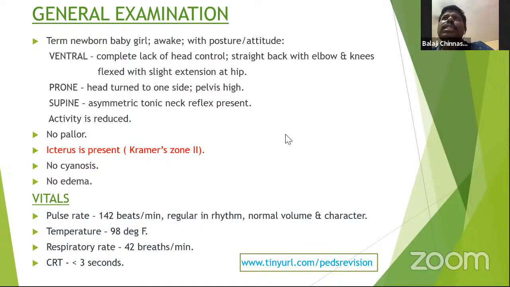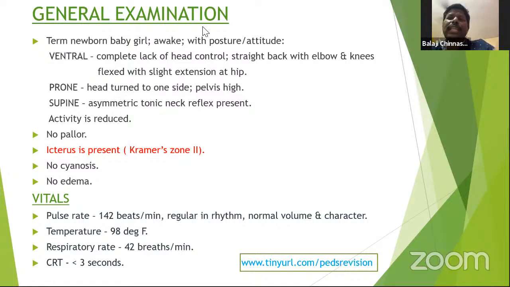Do you know the stages of wakefulness? The Prechtl stages: stage 1, deep sleep; stage 2, REM sleep; stage 3, awake but quiet; stage 4, awake with some active movement; and stage 5, actively crying. The ideal stage for examining is stage 3.